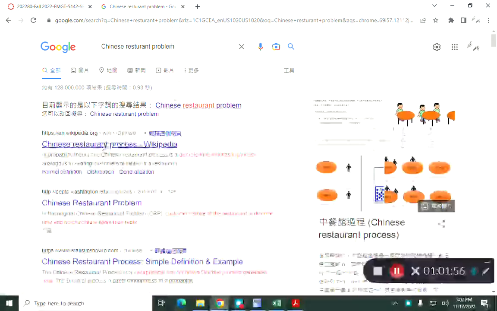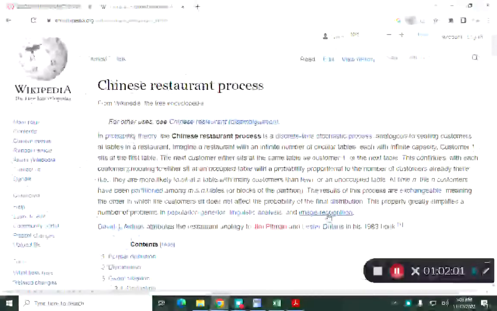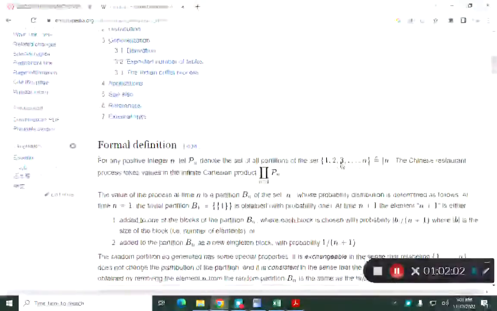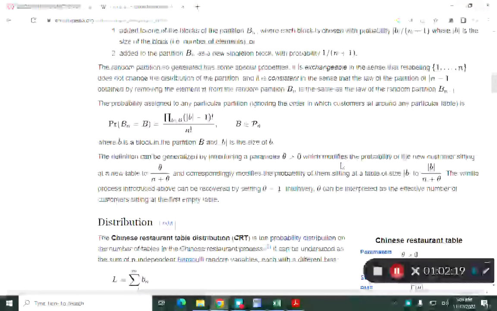Okay, Chinese restaurant process. I want you guys to read it yourself. It's really about probability and modeling. What it really says is that in San Francisco or in Chinatown, there are Chinese restaurants, and they have, say, 4 or 5 tables.